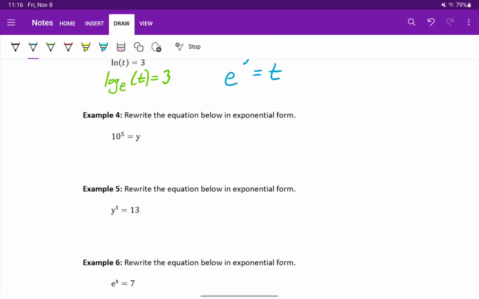Now what we want to do is work that problem in reverse. Starting with an exponential expression, we want to convert that to a logarithmic expression. Whatever value we have being raised to a power, that's the base of the exponential expression. So that's going to be the base of our logarithm.